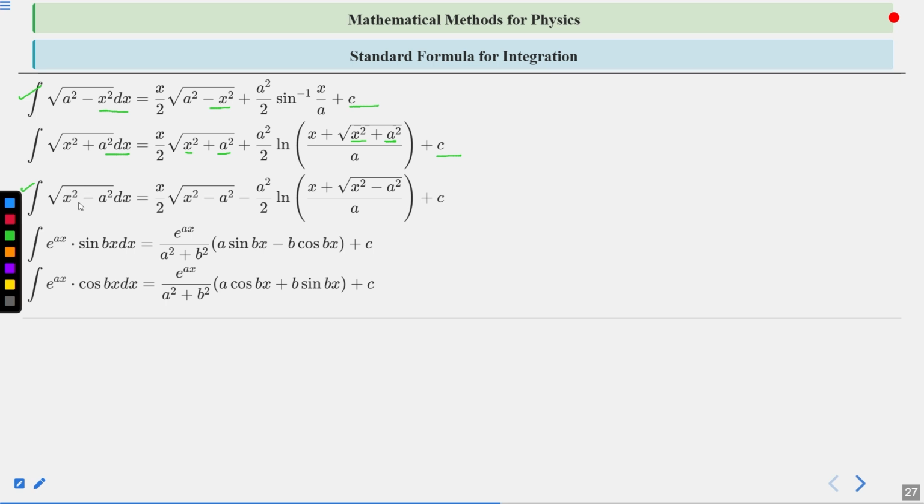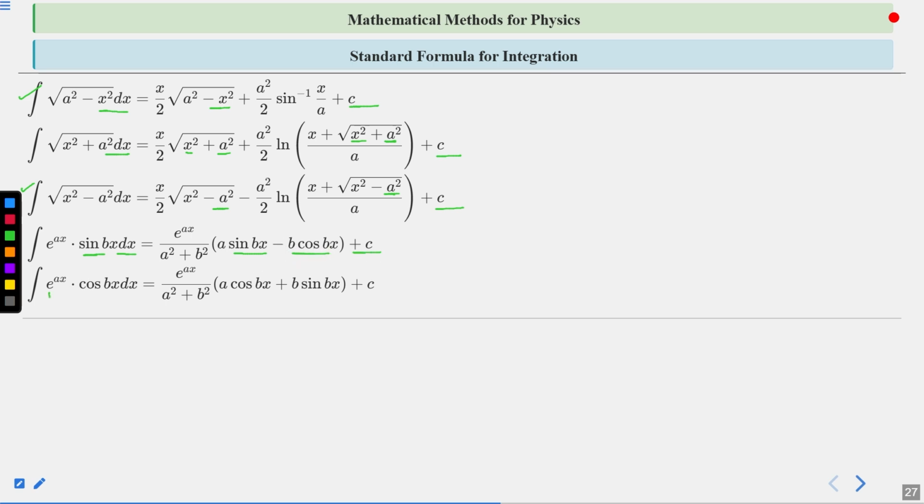Integration under root x square minus a square dx is equal to x by 2 under root x square minus a square minus a square by 2 log x plus under root x square minus a square divided by a, plus c, and integration exponential raised to the power ax multiplied with sin bx dx is equal to exponential raised to the power ax divided by a square plus b square times a sin bx minus b cos bx, plus c.